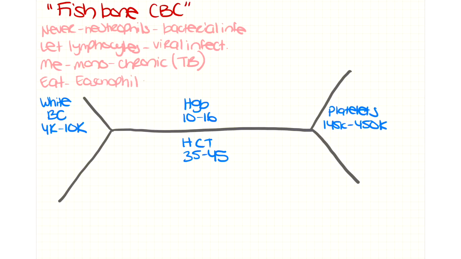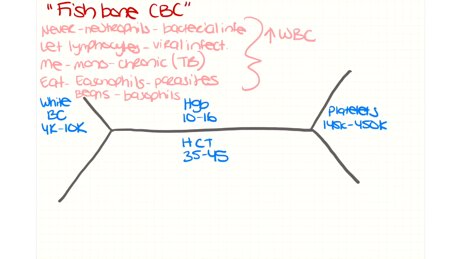Eosinophils, parasites. Basophils, this is associated with increased white blood cell count, so never let me eat beans.